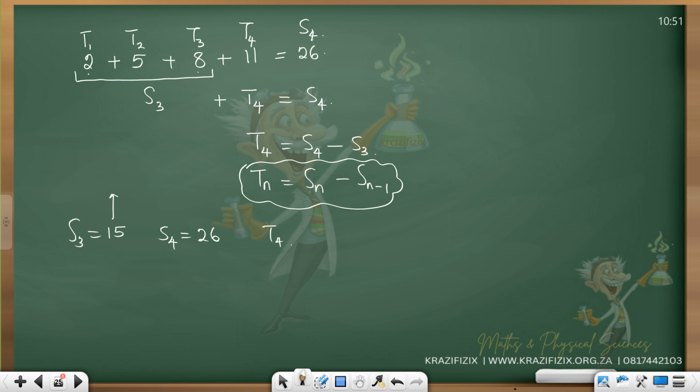My 15 came from the addition of 2 plus 5 plus 8. But I now know my formula, T4 is S4 minus S3, 26 minus 15. Did that make sense to you?